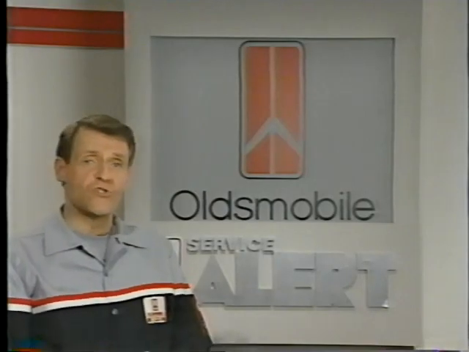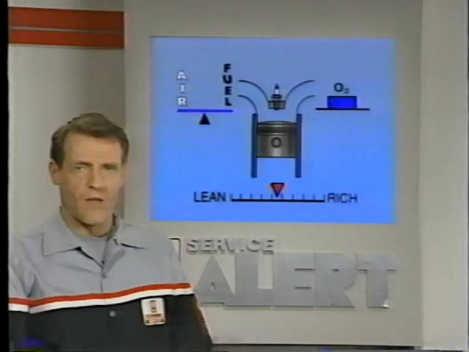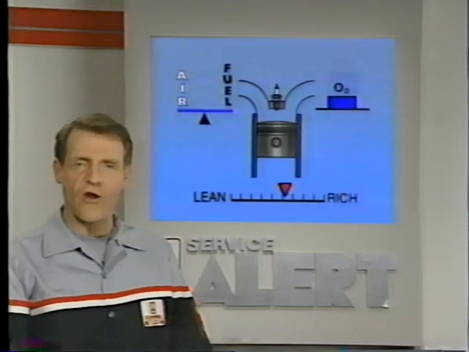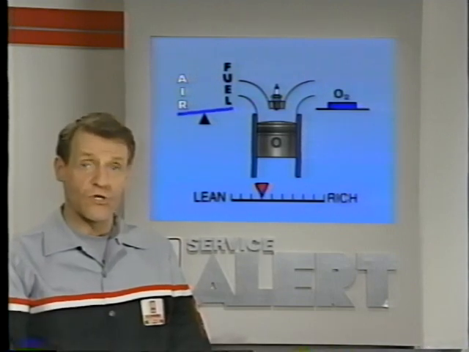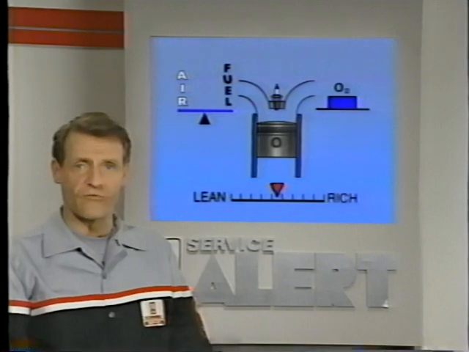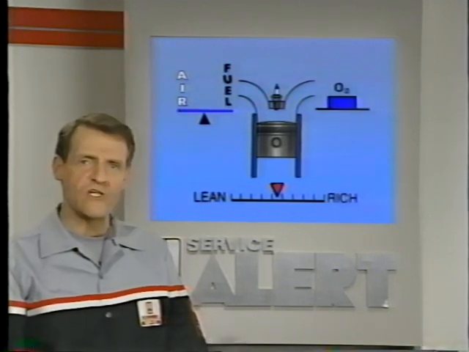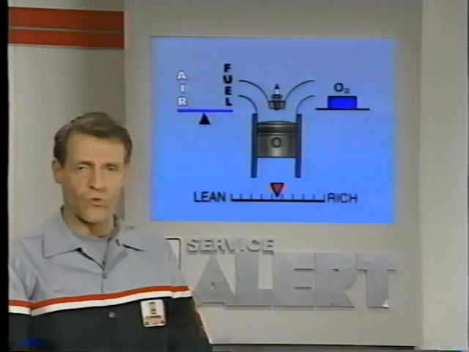That voltage is used to generate the oxygen sensor signal, which we call feedback. Because the amount of oxygen in the exhaust stream is directly related to the air-fuel mixture, the controller can use this feedback signal to continuously make small fuel delivery adjustments. In this way, it keeps the mixture at the ideal ratio of about 14.7 parts air to 1 part fuel.